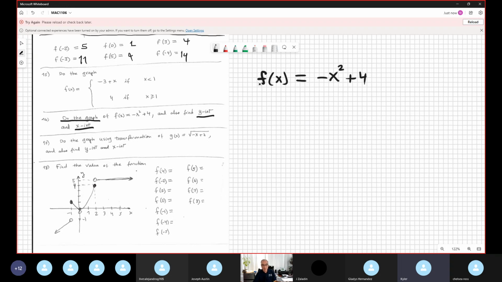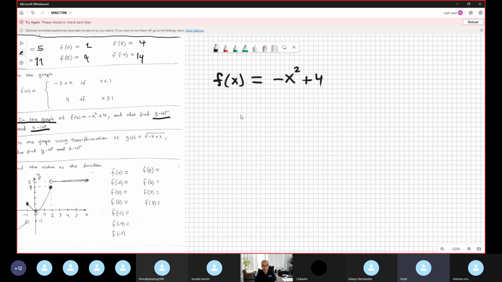Let's do it. I realize immediately that the function given in the test, equation 16, belongs to the family of the quadratic function. The basic quadratic function is the parabola, like that. This is the function x squared without transformation. Now I see two transformations.